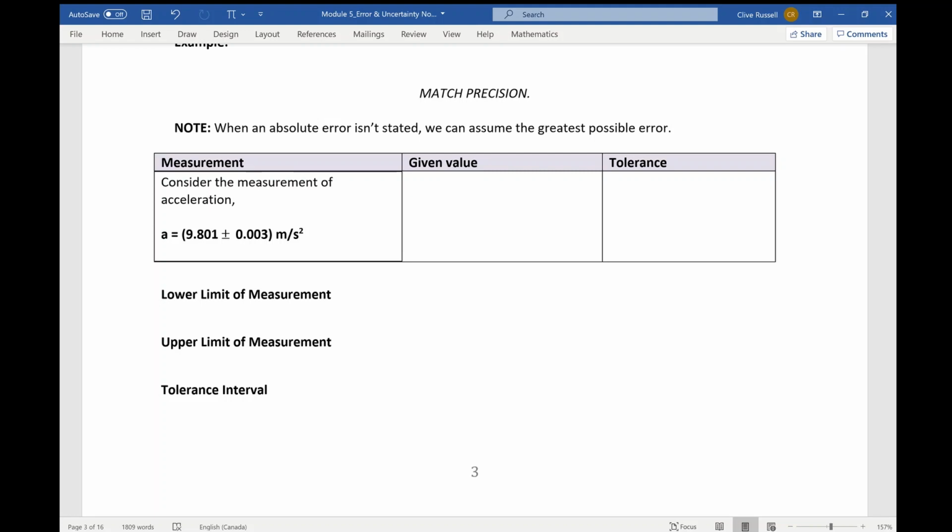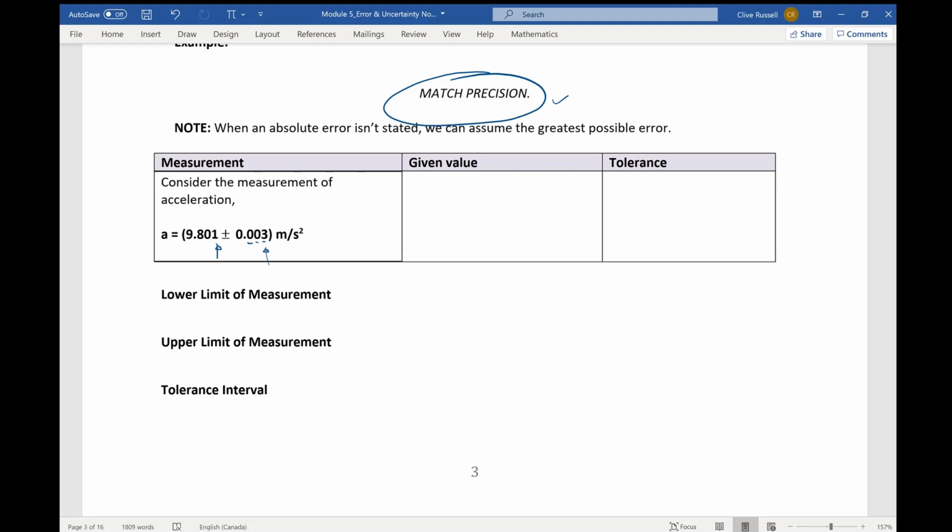Notice that we have to match the precision, or place values, when we're doing absolute errors. In here, the measured value is precise to 3 decimal places, so we must also have our error to 3 decimal places: 1, 2, 3.